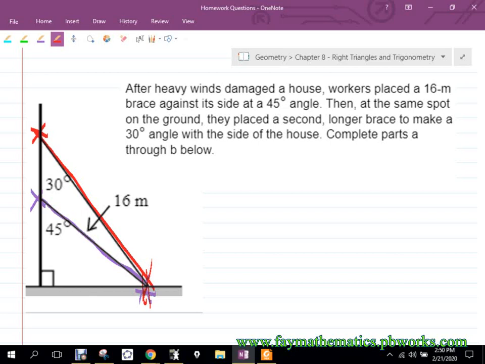They want to know how long, based on knowing how long that purple one is, we can determine how big that red one is with these angles. Okay. So the first part of the question is to find out how long is that red brace. The second part of the question, they word it as how much further on the wall, or how much higher on the wall, does the red brace touch than the purple one.